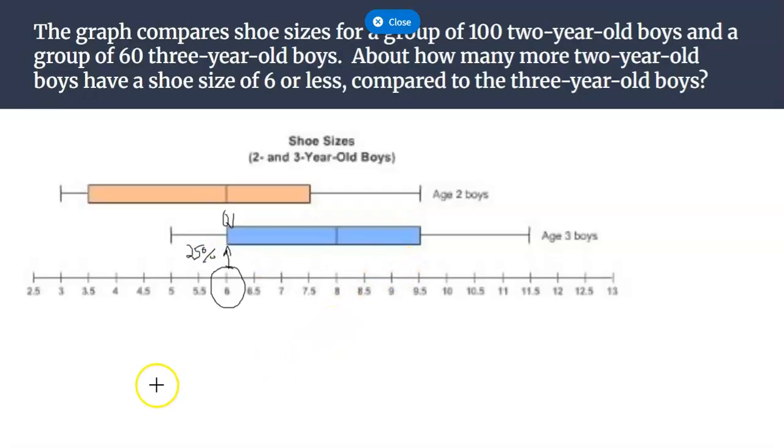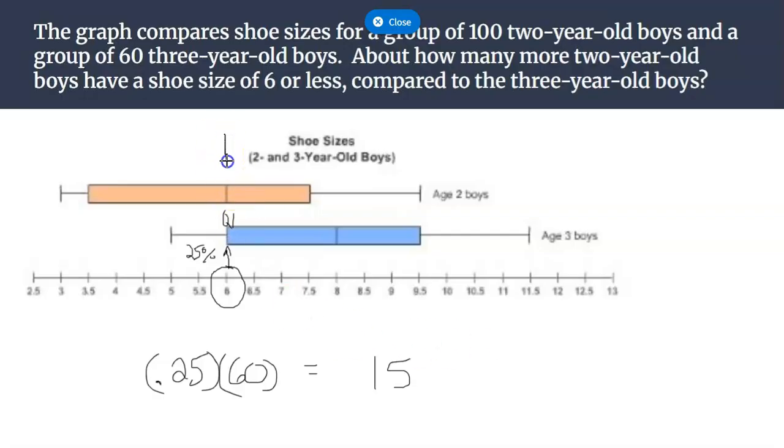So we're going to figure out 25% of the 60. That is 1/4 of the 60, which is 15. So 15 of the 3-year-old boys had a shoe size of 6 or less.